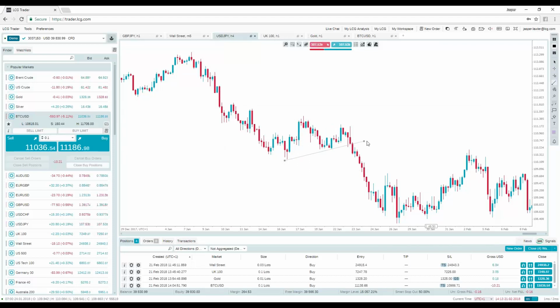So either you've used a trend line, for example, and we've had a little bump up here, and you decide to place your entry order when the market takes out these lows here. It breaks a trend line, then takes out the lows, opens a new candle down here, and you decide to short the market.